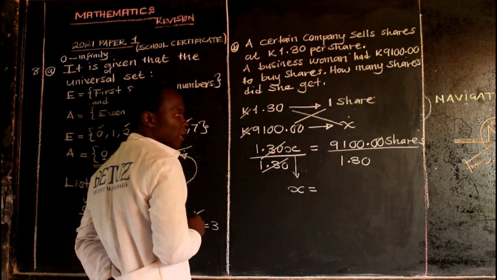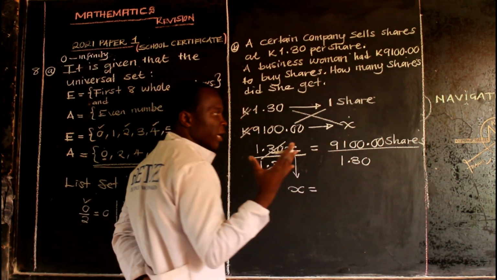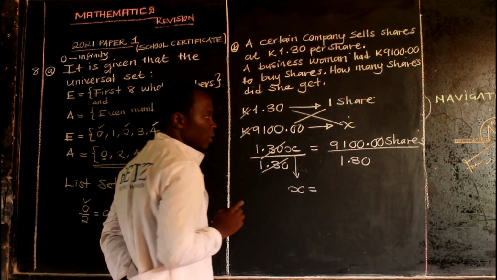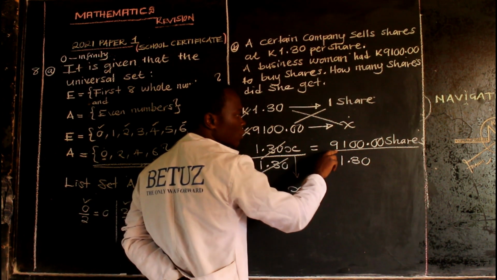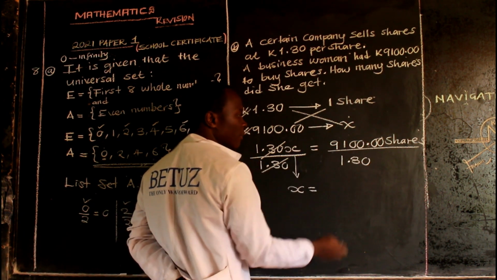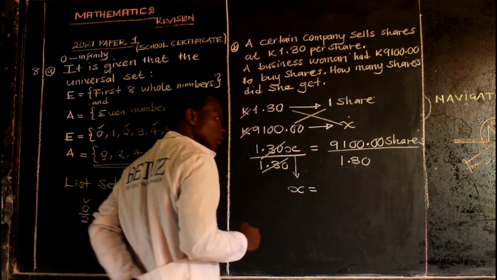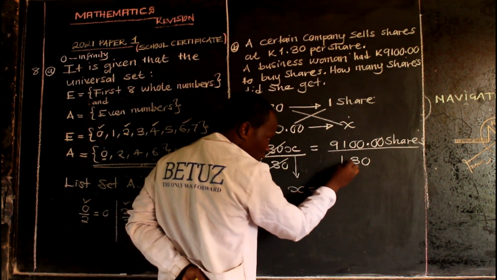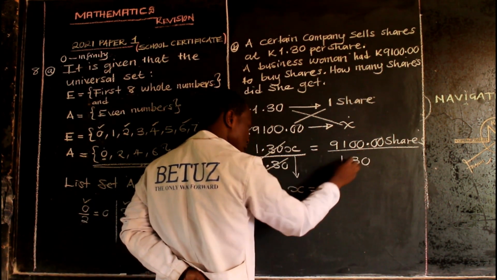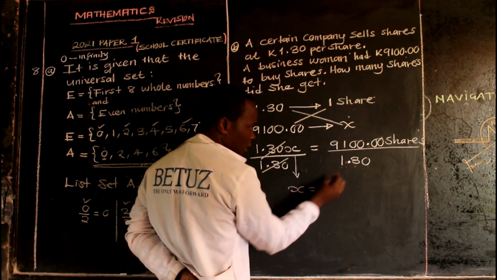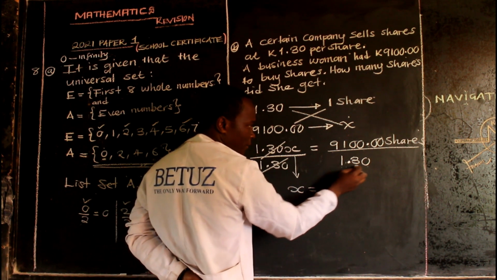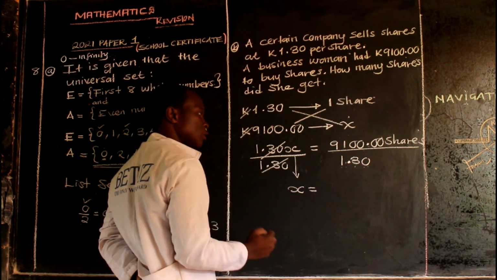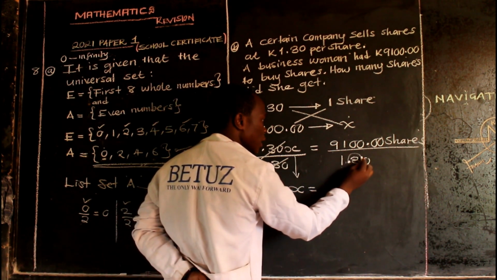Now in this case, since we are not allowed to use calculators in mathematics paper 1, it's going to be a challenge for you to divide 9,100 divided by 1.30. So what we are going to do is get rid of this decimal. This number below has how many decimal places? It has 1, 2.